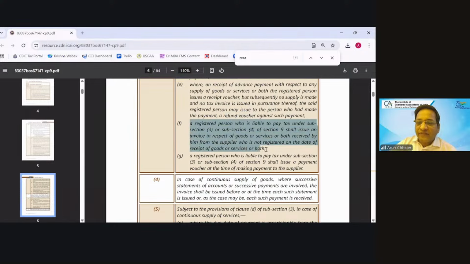Now the clause F says a registered person who is liable to pay the tax under 9(3) or 9(4) shall issue an invoice in respect of goods or services or both received by him from the supplier who is not registered.